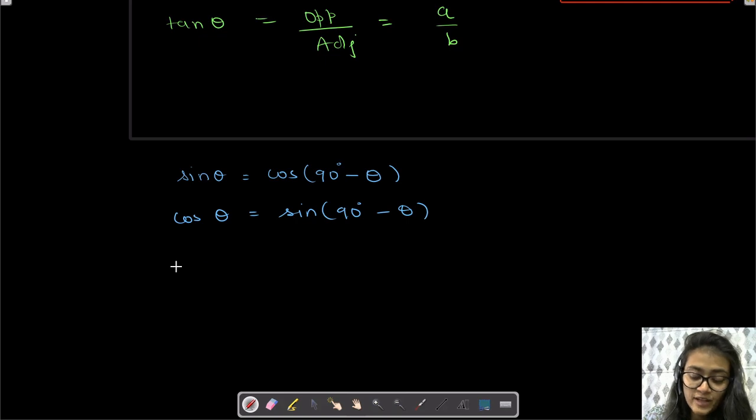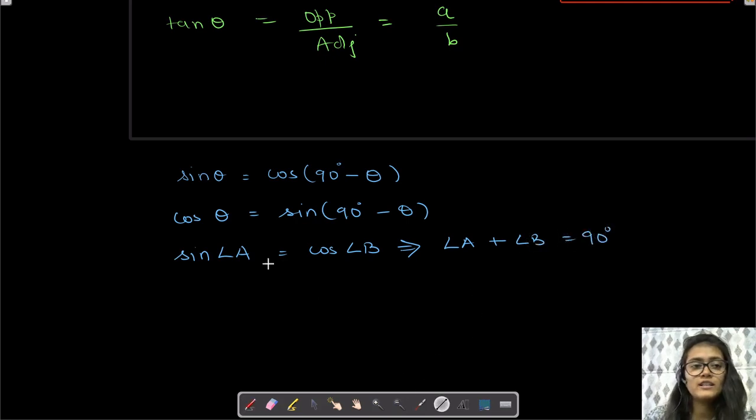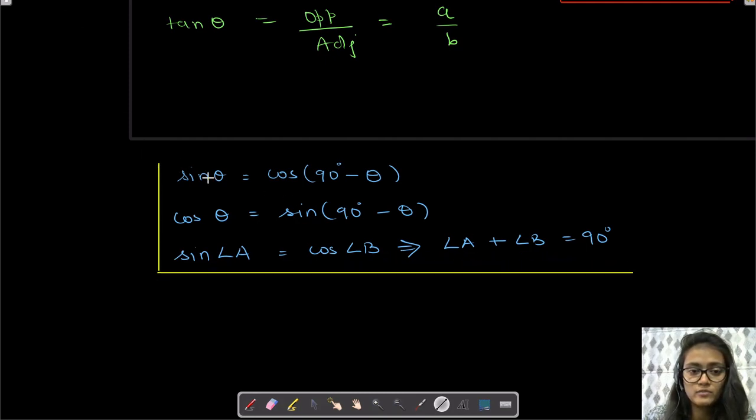And if in a question it's given that sine of angle A is equal to cosine of angle B, then your angle A plus angle B will be equal to 90 degrees. So this is everything that you need to know about complementary angle theorem.